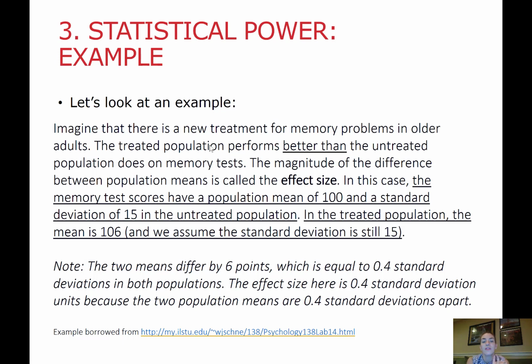So note that the two means on the memory test differ by 6 points. And those 6 points correspond to 0.4 standard deviations. So the effect size here is 0.4, which means that the two population means are exactly 0.4 standard deviations apart. And remember that that's about a medium effect size.